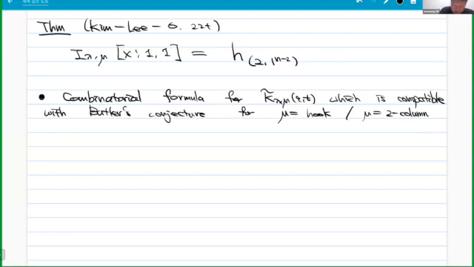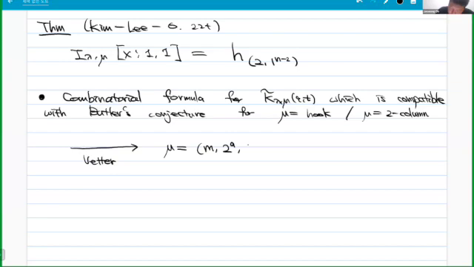And I have to mention that Alexander Lazar, who is a student of Jim and is in the audience, is trying to generalize this to the case where mu combines two columns and a hook, so it's 2 to the a, 1 to the b.